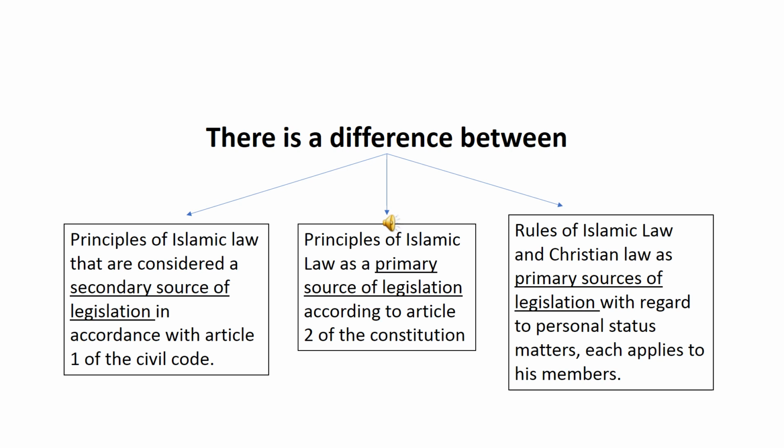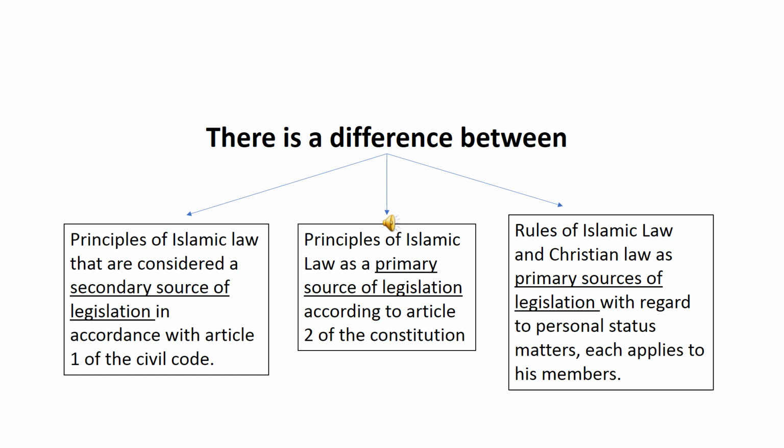If he couldn't find a solution in the custom, then in this case, he is going to refer to the principles of Islamic law, and this is why it's considered a secondary source of legislation in the eye of the judge who applies the legislation.